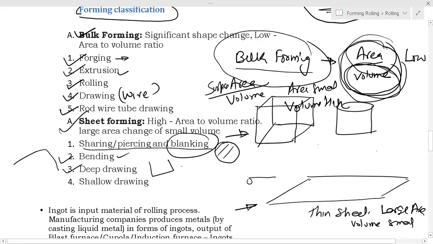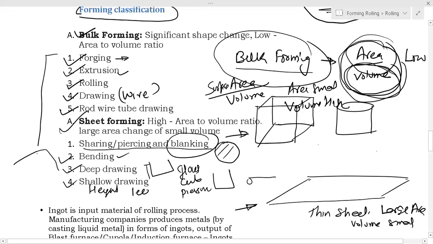So we can make a glass, cup, or pressure cooker, or even a utensil. Shallow drawing is again when height is less. So everything we'll discuss.